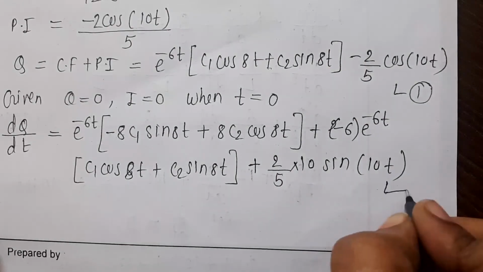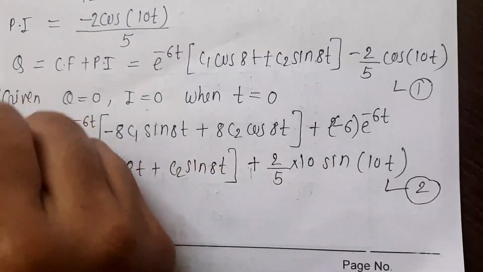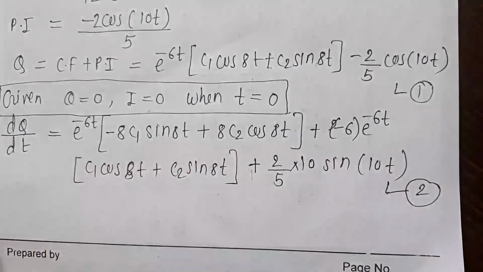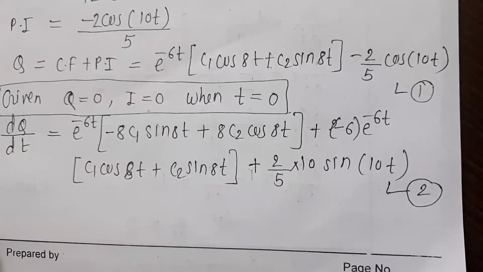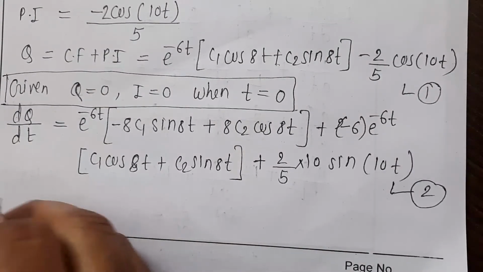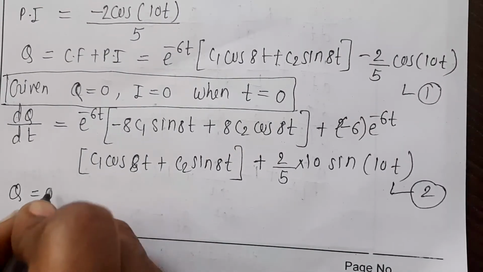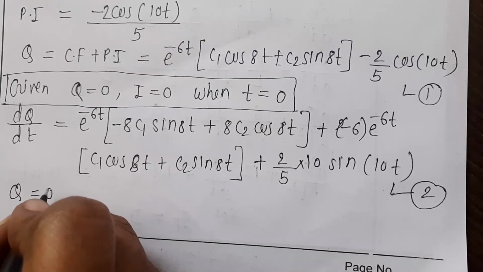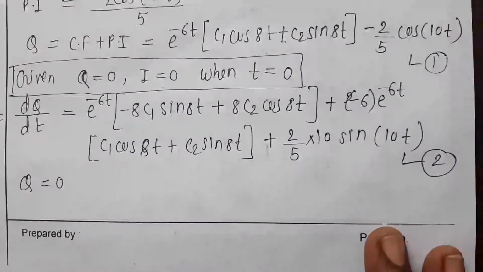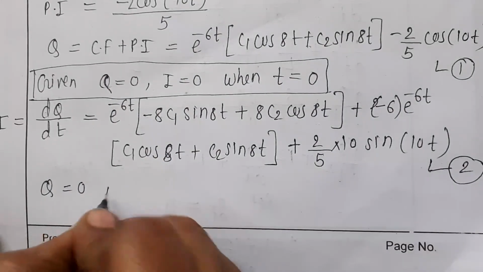Now using equations number 1 and 2 and the conditions Q equals 0, I equals 0 when t equals 0, we find the values of C1 and C2. First, Q equals 0 when t equals 0.